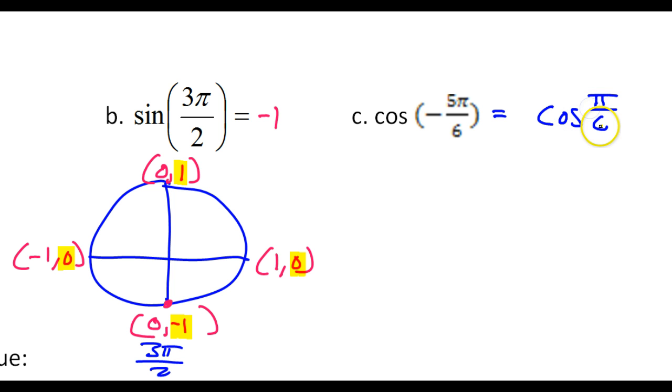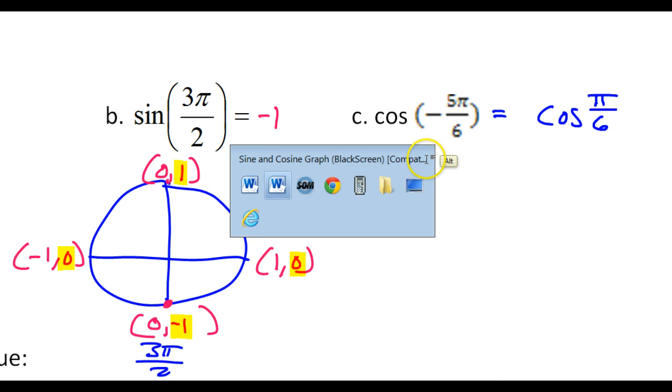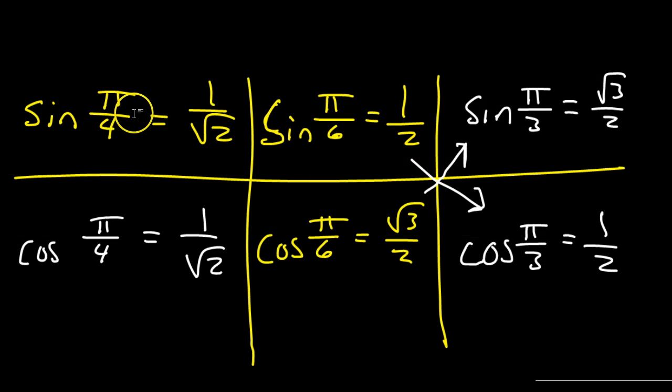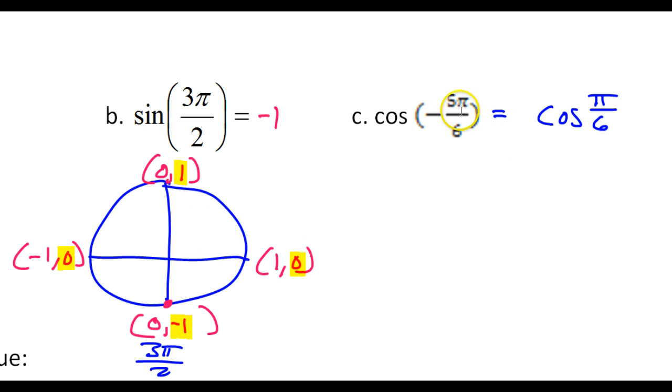The reference angle is pi over 6. When you have these special angles, pi over 6, pi over 3, pi over 4, and you see some multiple of that, the reference angle is just going to be what you would have if you took out the multiple. So these will be the same, except maybe I need a negative sign on here, maybe I don't.